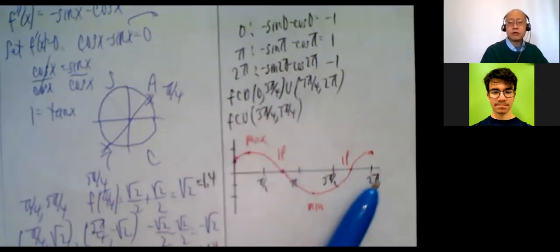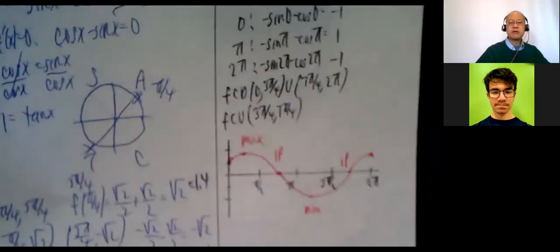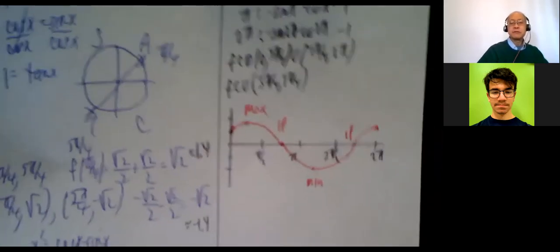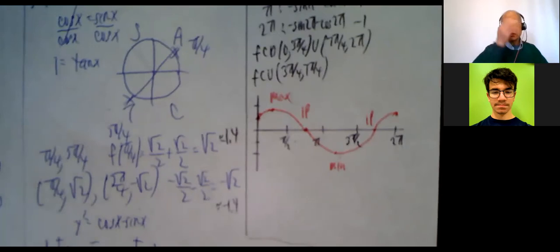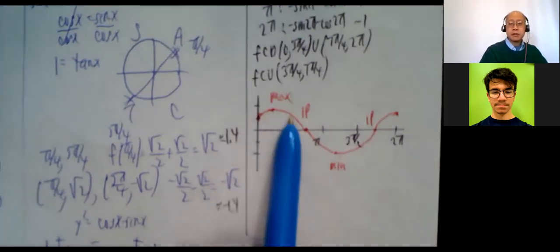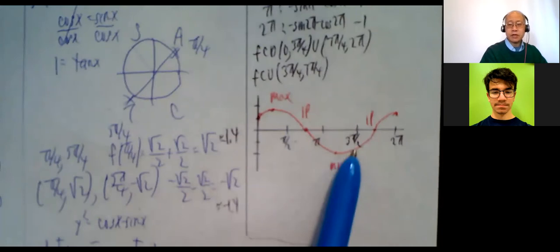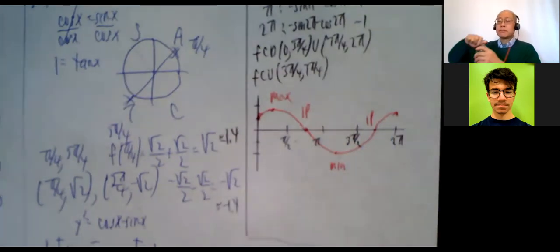And then from 7π/4 to 2π, switches back to upside down U-shape. So there's our entire graph. Again, no doubt, those of you that like these rides, you've seen rides that go like this, right? Go up, down, and switch concavity, and go like that, and like that. Okay.